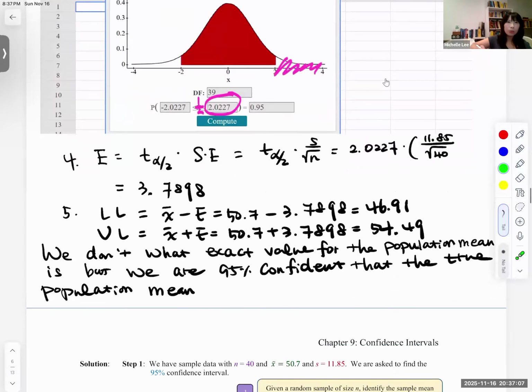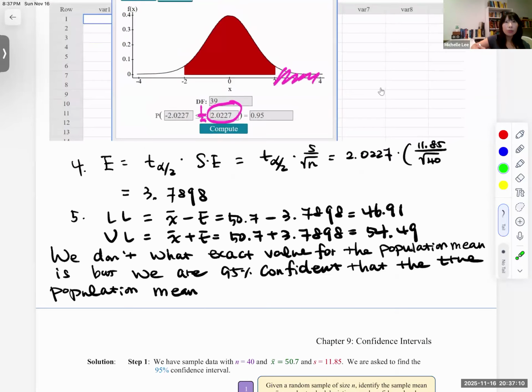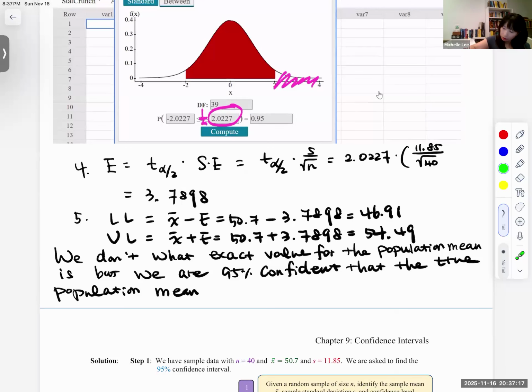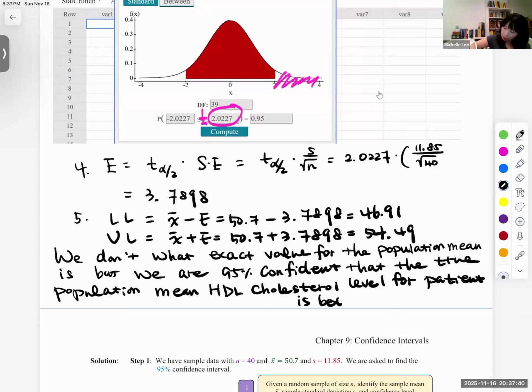Sorry, this is not a proportion, so we don't multiply by 100%.